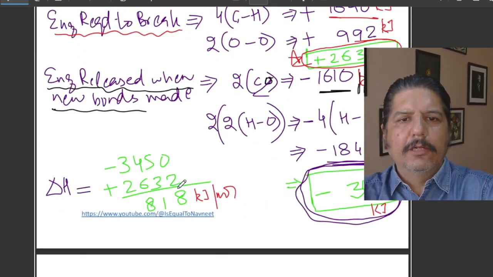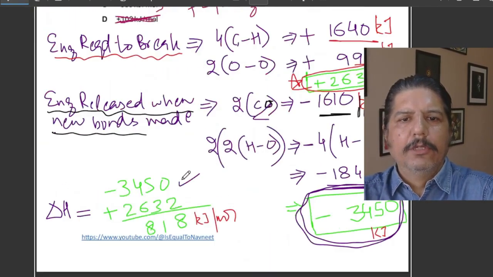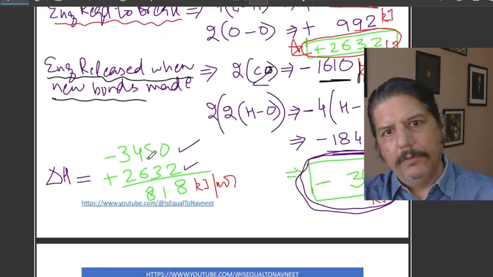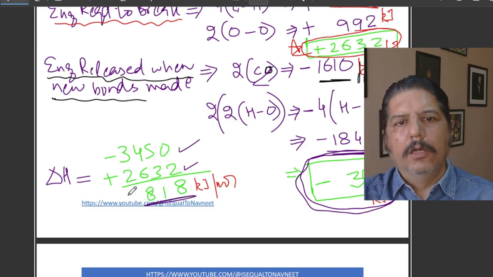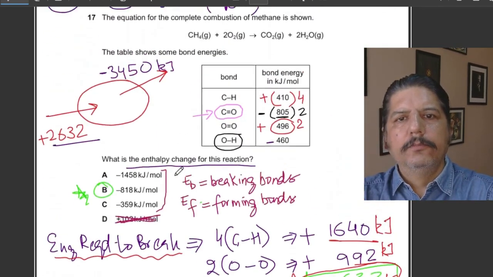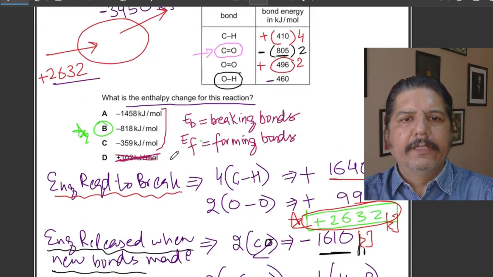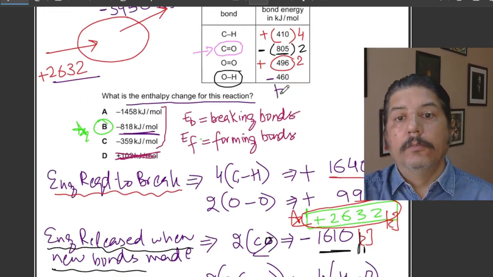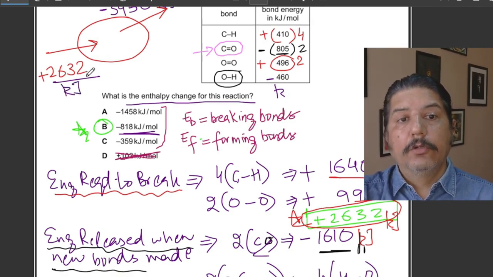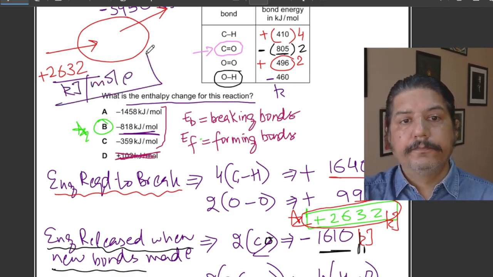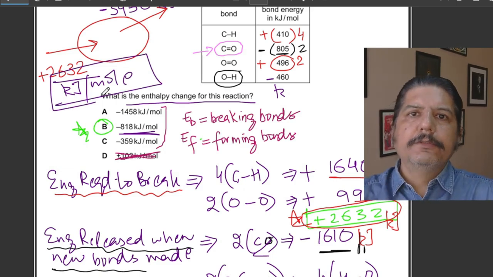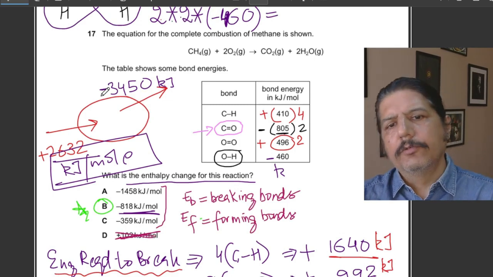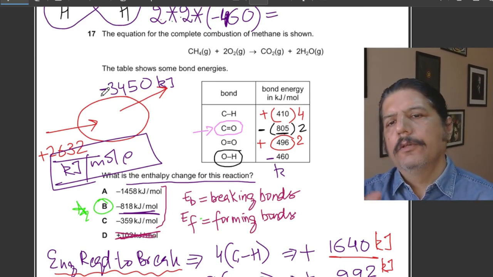We just have to calculate minus 3450 plus 2632, which is minus 818 kilojoules per mole. Always remember that the unit of enthalpy is kilojoule per mole. So this is the energy which is released from the system, and of course, when we started the question, this is what we had expected.